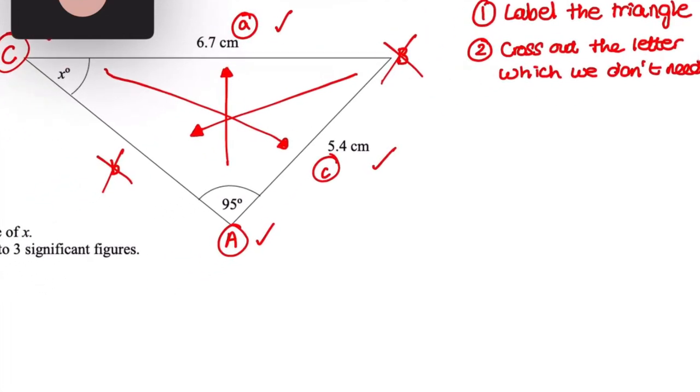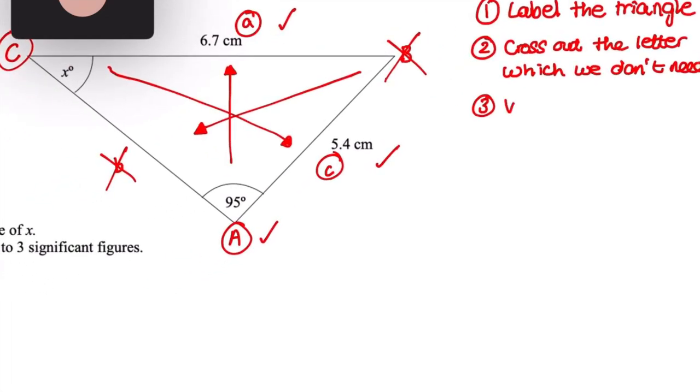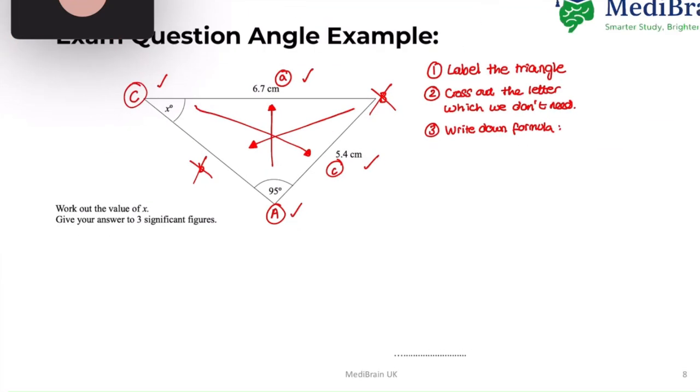Step 3 is write down the formula. Because we're working out our angle, which is X, we're going to flip the formula around.